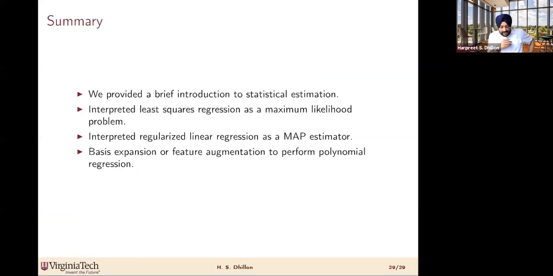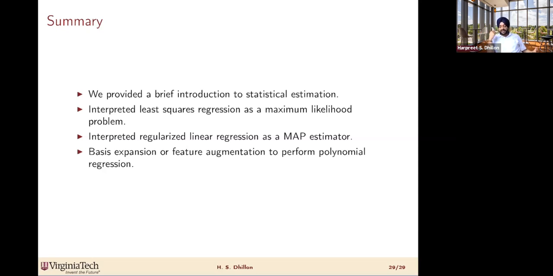All right, so I think we are almost there in terms of time. So let's quickly summarize our third lecture. As I said before, this was the first of the two lectures on statistical estimation, connections to learning. In this lecture, particularly, we focused on the regression problem. We interpreted least squares regression as a maximum likelihood problem.